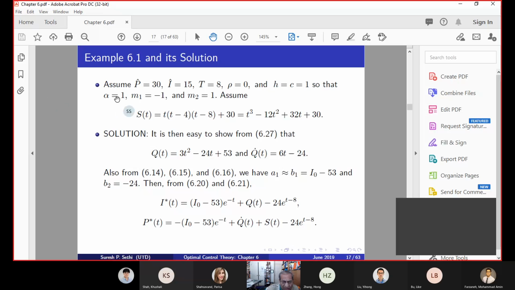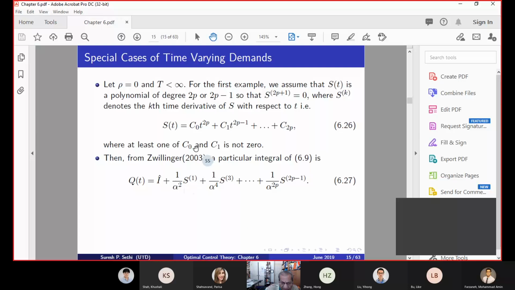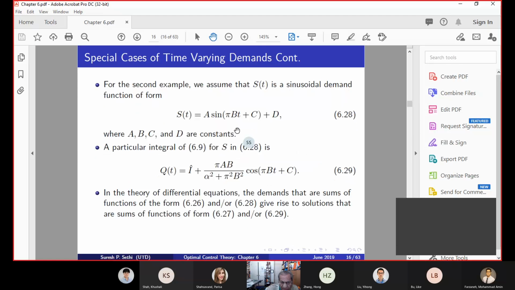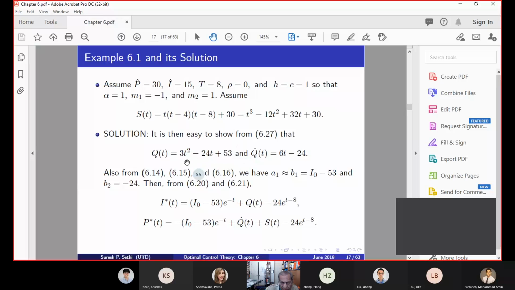Alpha equal to 1. M1 is minus 1. M2 equal to plus 1 for this problem. And we have a special integral for this problem given by using this formula here. The special integral is given by this polynomial and q dot t is given by this polynomial.